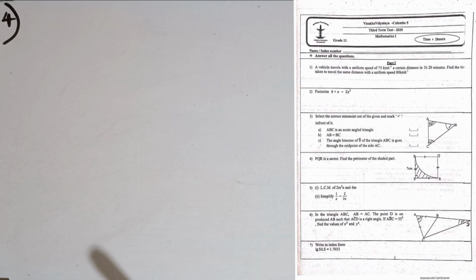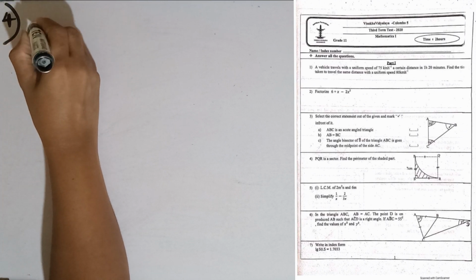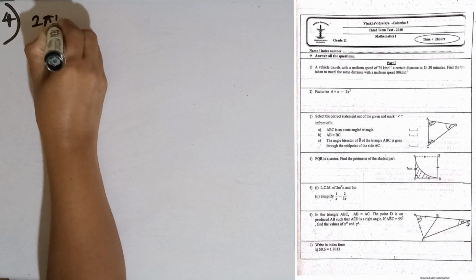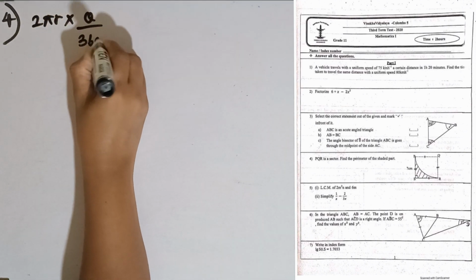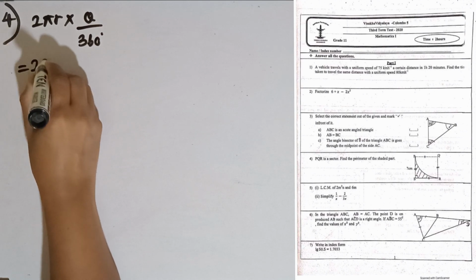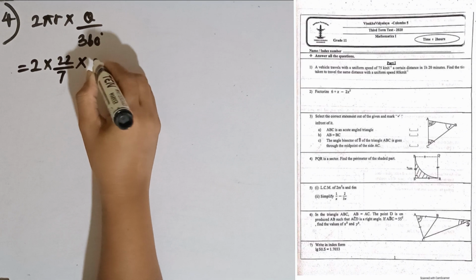Question number 4. PQR is a sector. Find the perimeter of the shaded part. We can find the arc length PR by using the formula 2 pi r times theta over 360 degrees. 2 into 22 over 7 into r, which is 7 here.